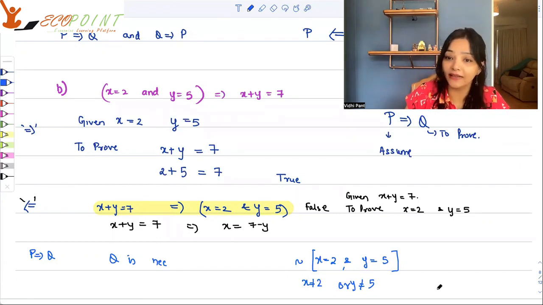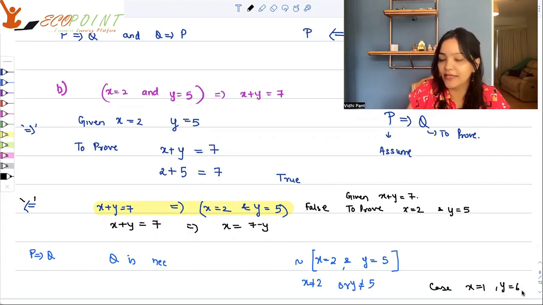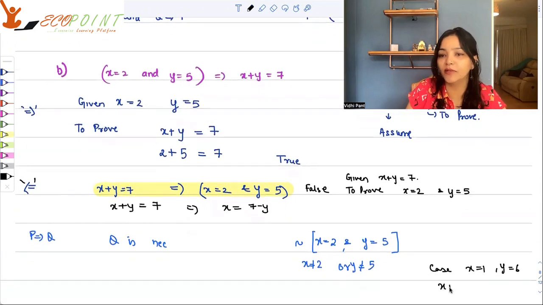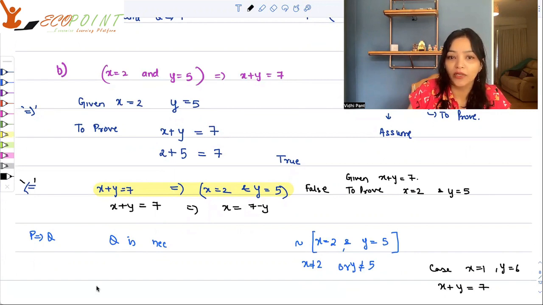Well, yes, I can. Just take a case. Let's take a case that x is equal to 1, okay, and y is equal to, say, 6. Then also x plus y is equal to 7. So what are you getting? What you are getting here is, this is your P part and this is your Q part.